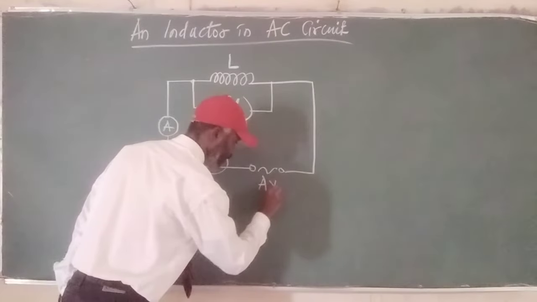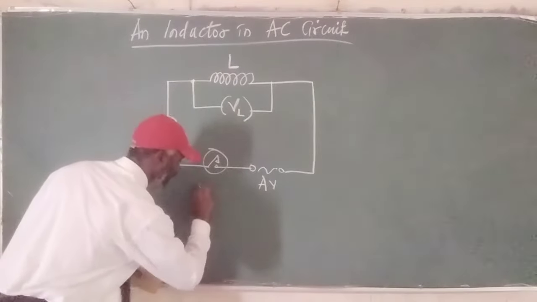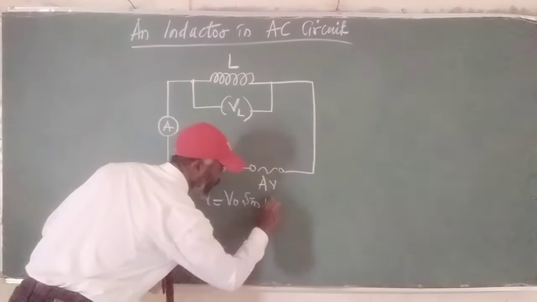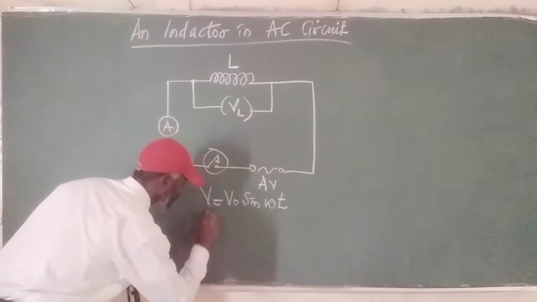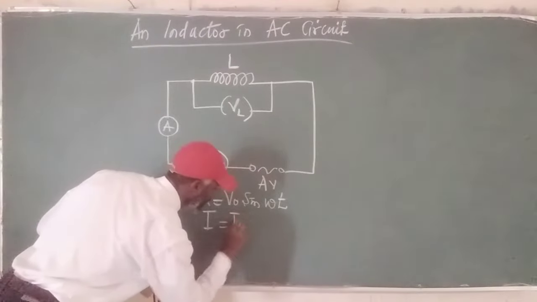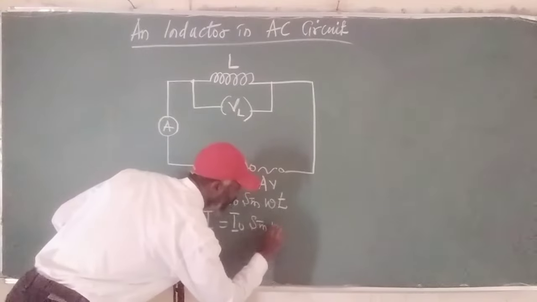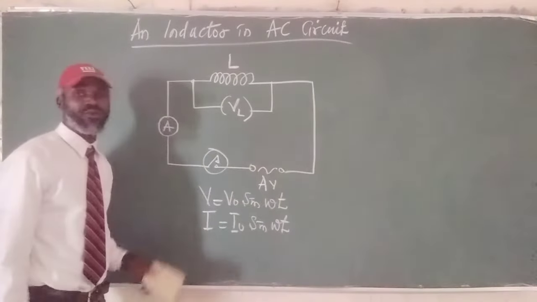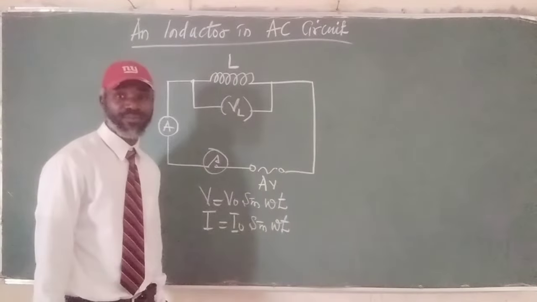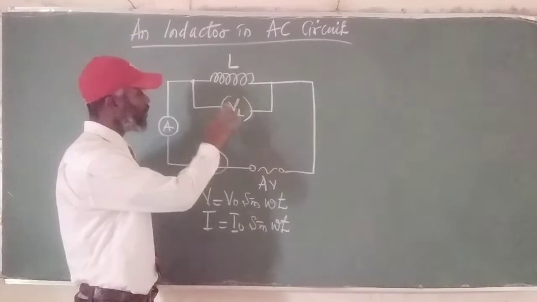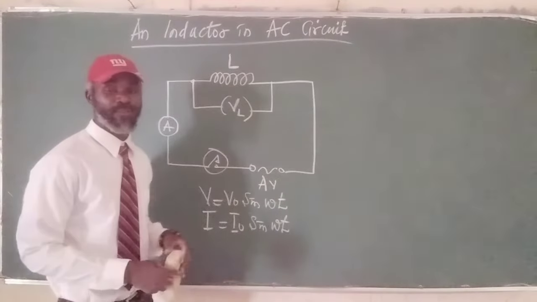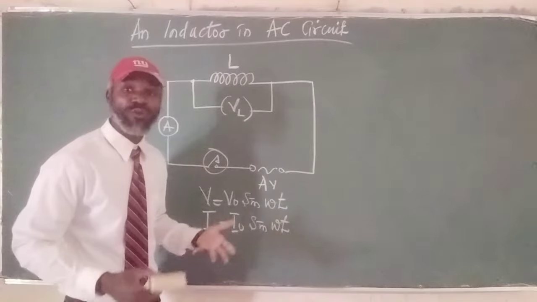As usual, we have that V is equal to V naught sine omega t, and then the current is I naught sine omega t. Any of these will be used to identify one or two parameters here. When an inductor is connected, it offers some amount of resistance.